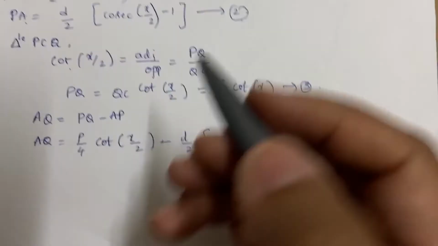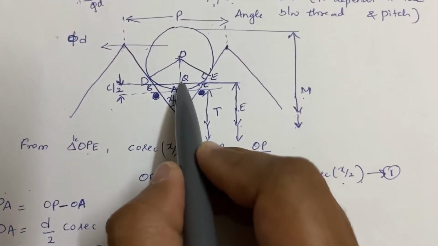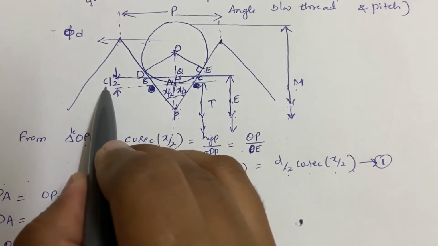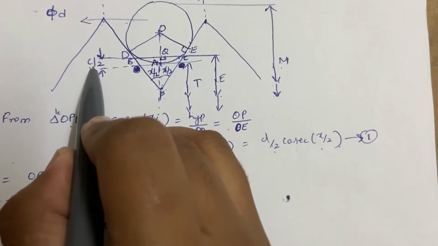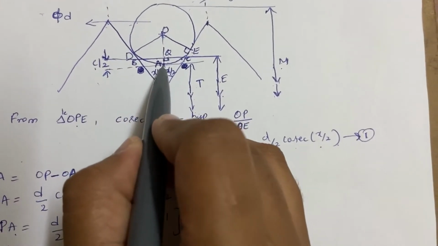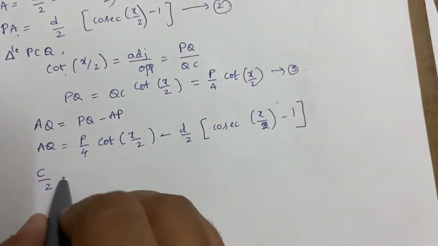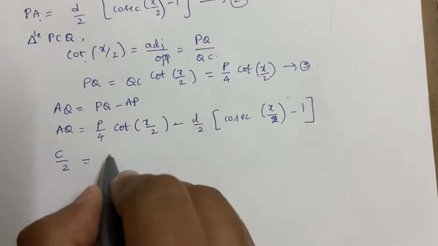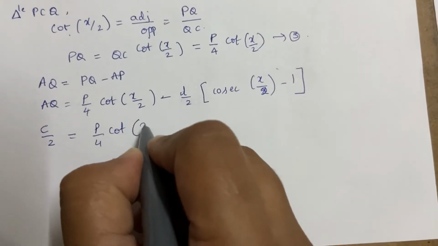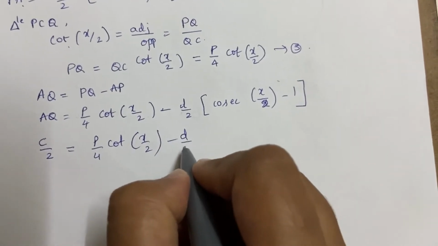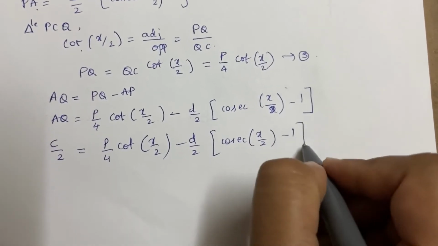Now AQ, as I told you, is this particular distance. It is C by 2, because the constant C is on both sides and together it is capital C, so on one side it is half of it, C by 2, or P by 2 in some textbooks. So C by 2 is P by 4 cot x by 2 minus D by 2 times cosecant x by 2 minus 1.